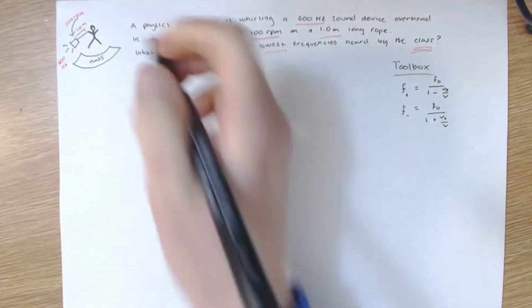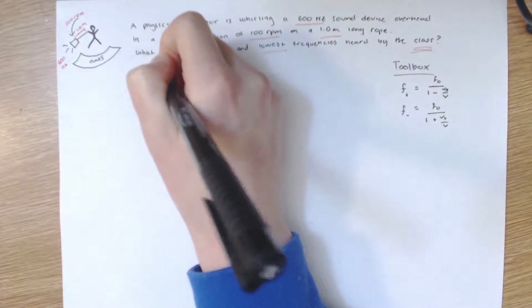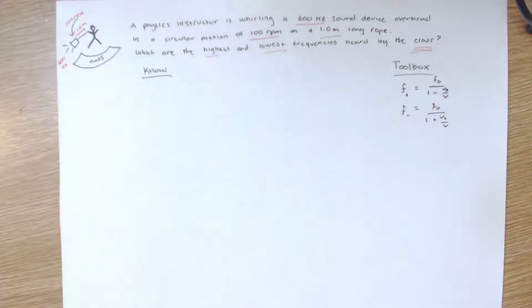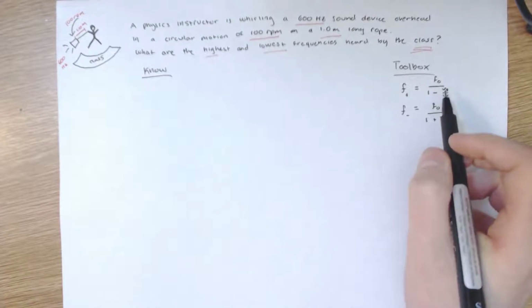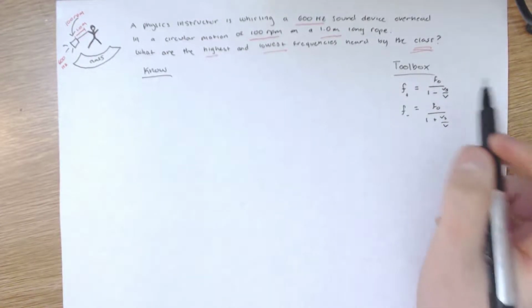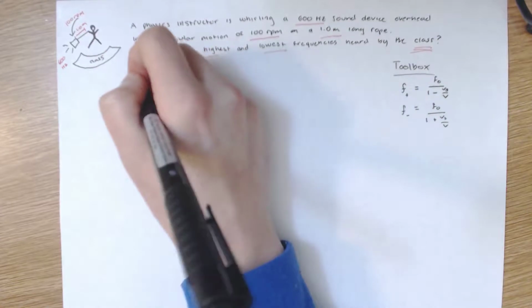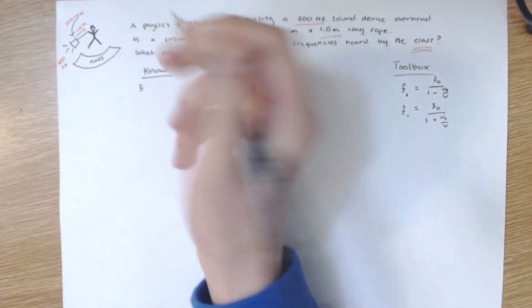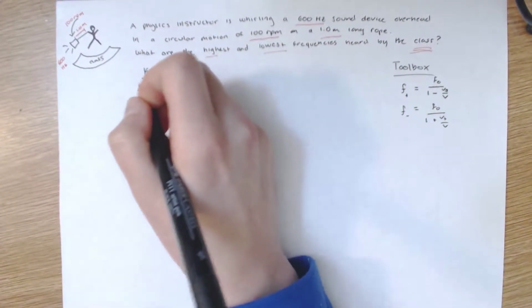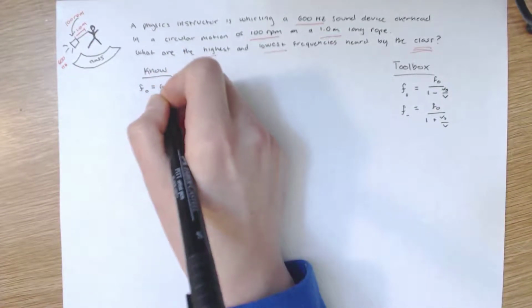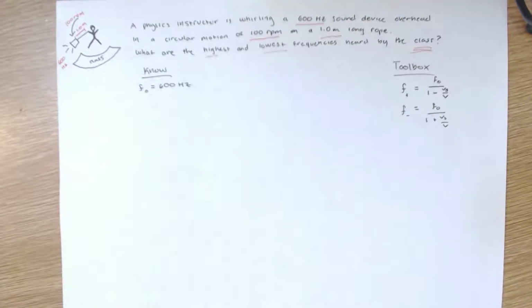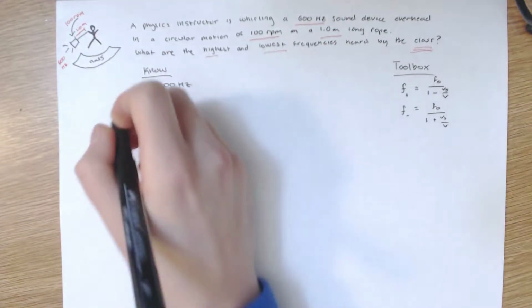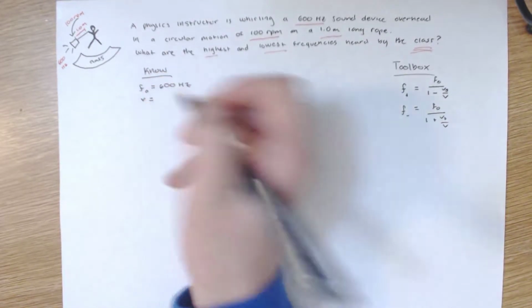So let's go ahead and figure out what we know so we can figure out what we don't know. So in this equation, we know F naught, which is the frequency of the sound device, or the frequency of our source, 600 Hz. We know V, which is just the speed of sound.